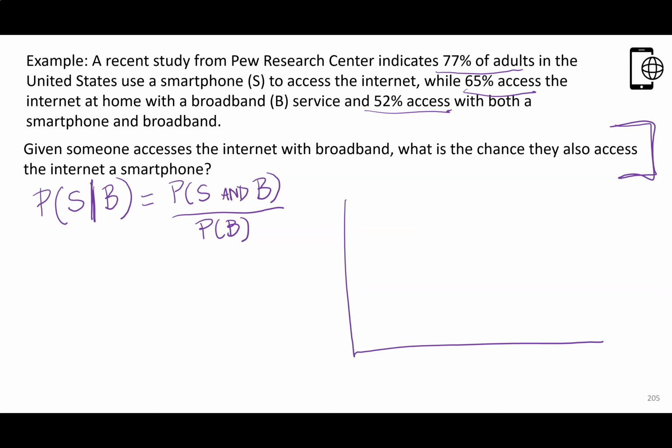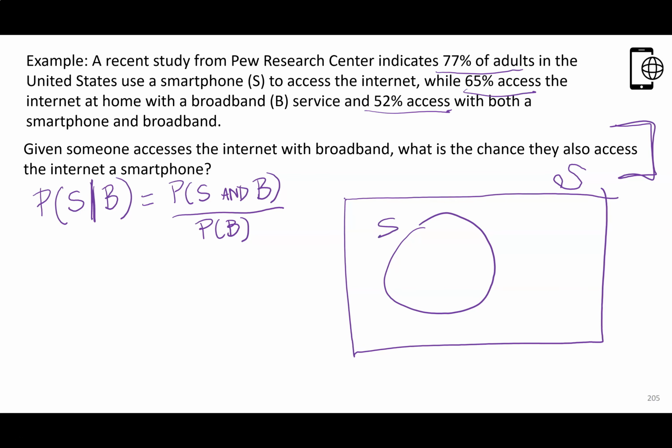So my Venn diagram, here's my sample space. S for smartphone, B, I'm going to have it overlap more. B for broadband. So 0.52 are in both.